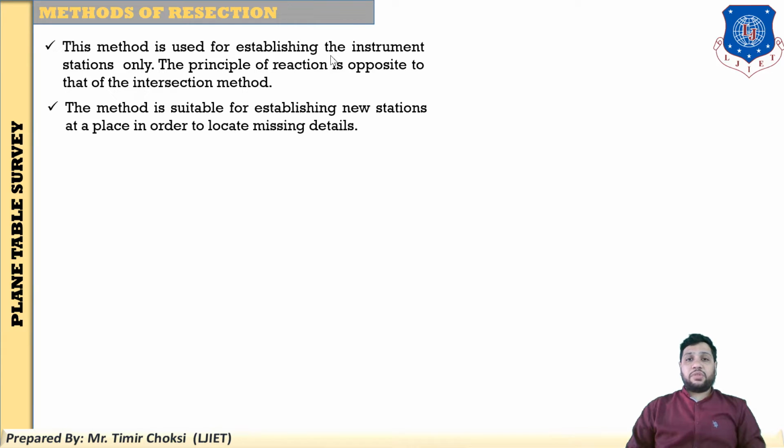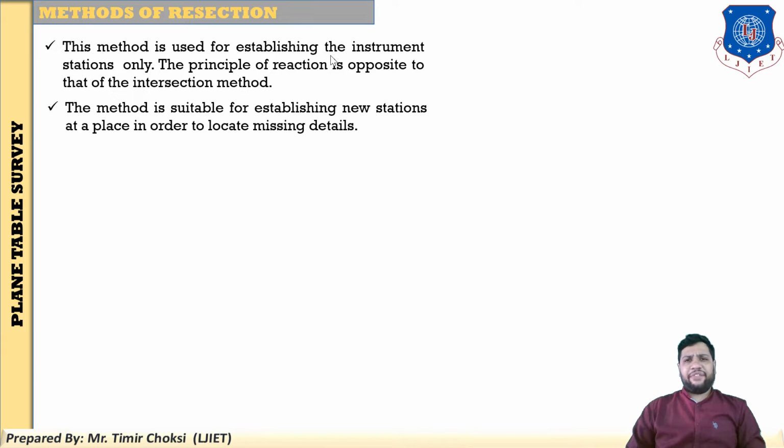First you find the station point on the drawing sheet, and then you transfer it to the ground, the reverse. In the intersection or radiation method, points A, B, C, D are already given, as well as the station O. Then you transfer the point capital O onto the drawing sheet as small o. But here the concept is a little different: first you establish the point on the drawing sheet, and then you transfer it to the ground.